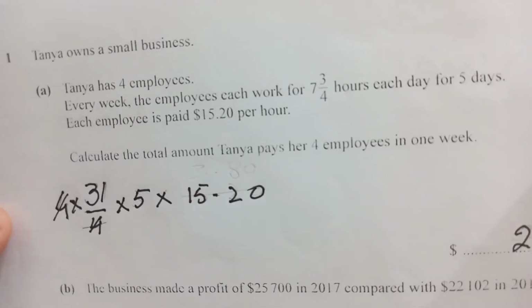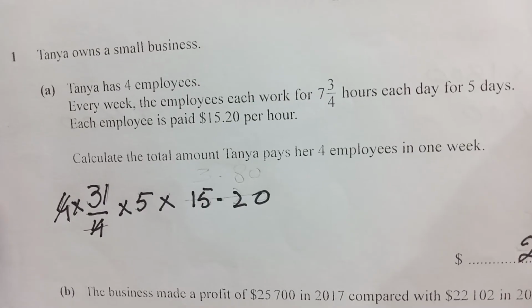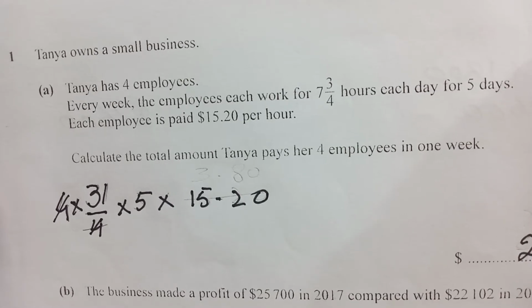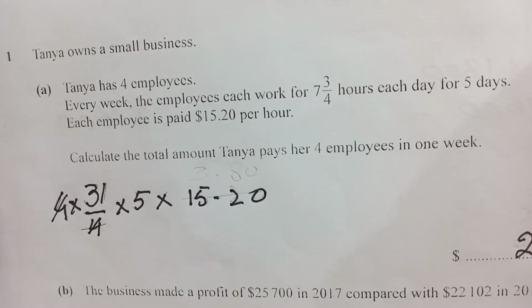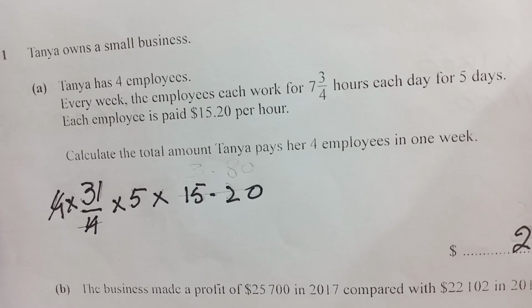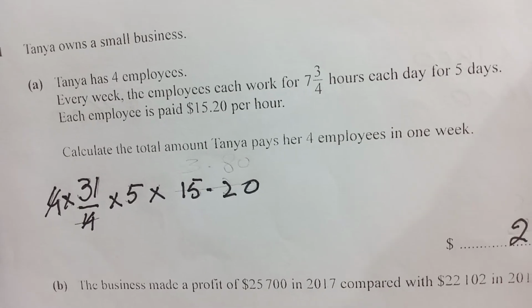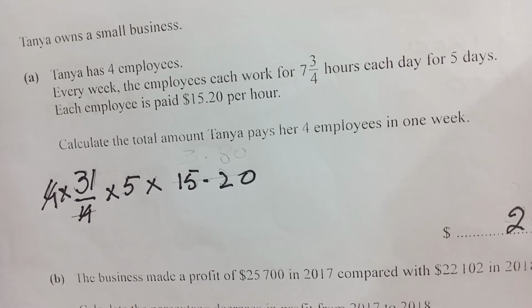Now in this question he is asking for the total amount Tanya pays to her 4 employees in 1 week. So 4 multiplied by 31 over 4 multiplied by 5 multiplied by 15.20, answer will be 23560.